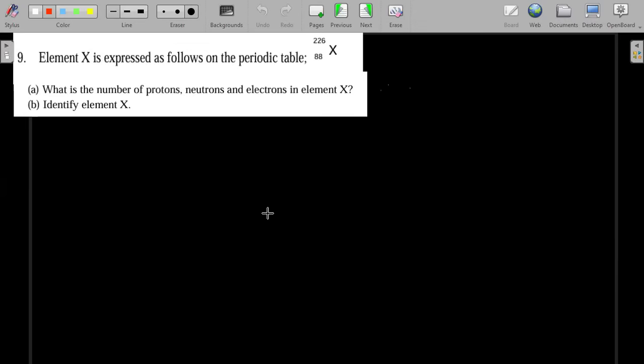So question 9 has something interesting. Something very simple, but sometimes it can confuse you students. When you are given an element from the periodic table, that element is usually represented as a nuclide. It means you have the chemical symbol there, and then a certain number there, and then a certain number there.